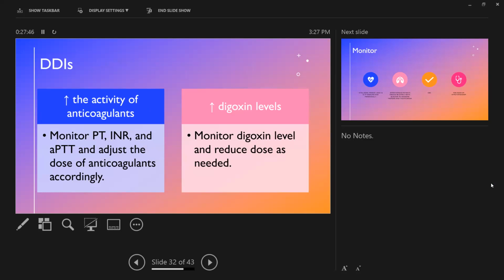These drugs increase the activity of anticoagulants. So monitor the INR and the APTT, adjust the dose of anticoagulants as needed. They also increase digoxin levels. So monitor digoxin levels, reduce the dose as needed.